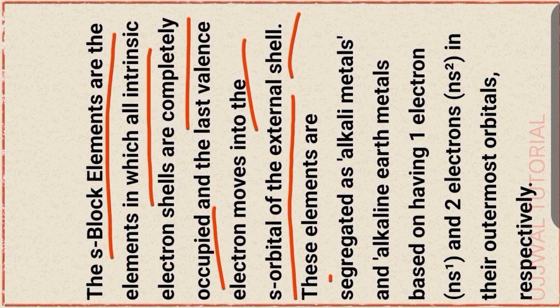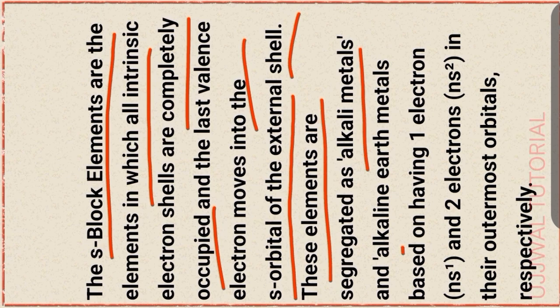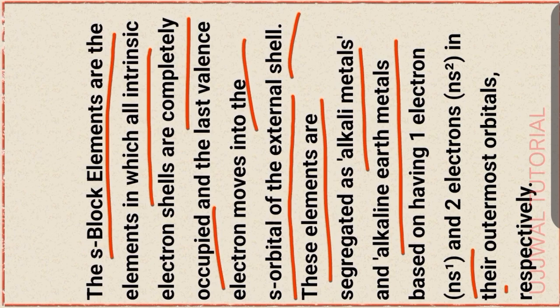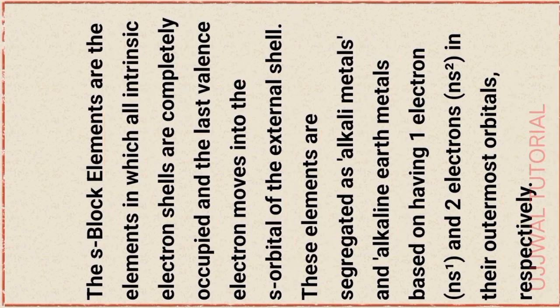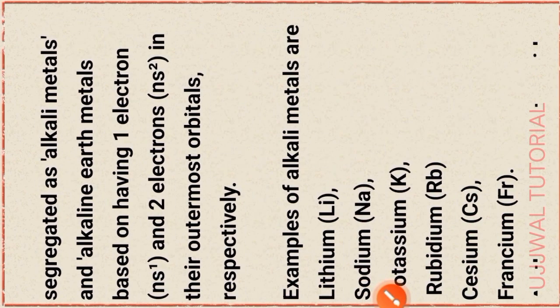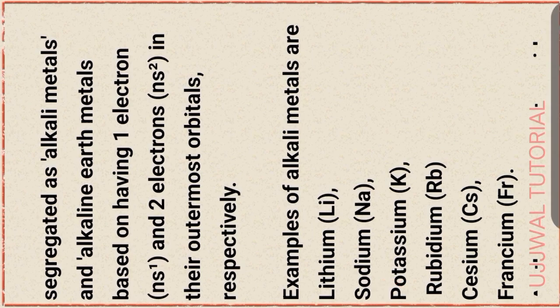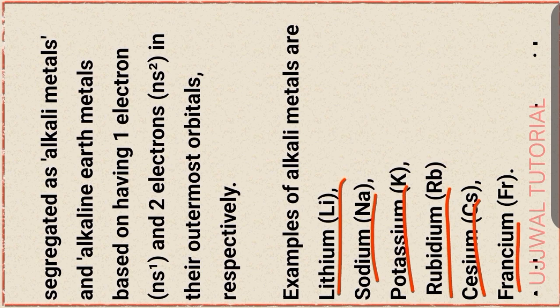These elements are classified as alkali metals and alkaline earth metals based on having one electron, that is ns1, and two electrons, ns2, in their outermost orbital respectively. Examples of alkali metals: lithium, sodium, potassium, rubidium, cesium, francium.